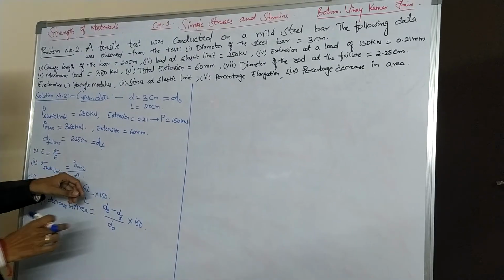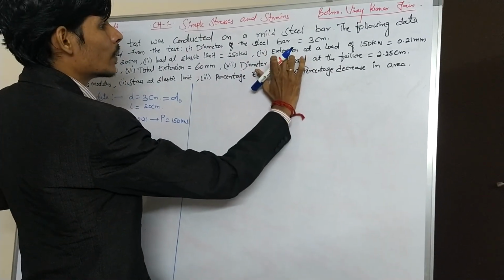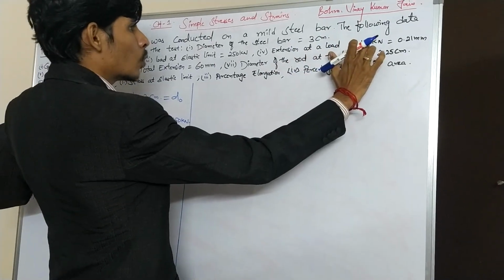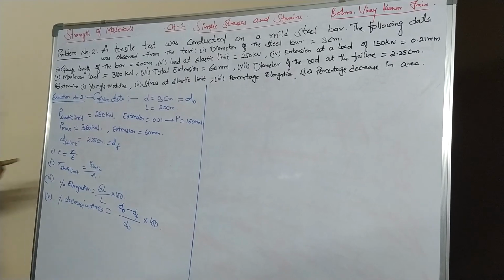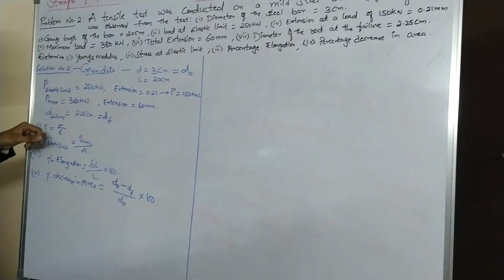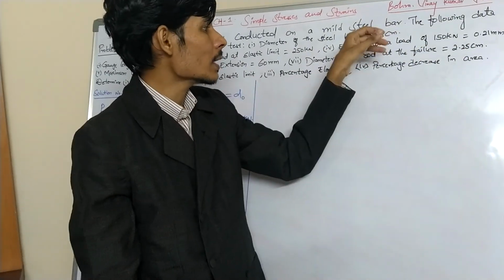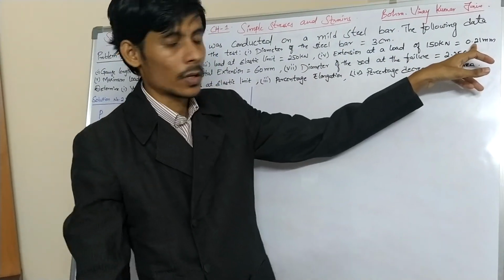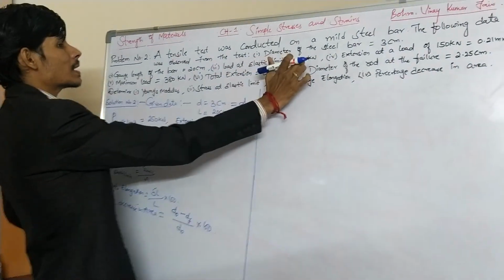So what we need to do? Another thing he has given: extension at a load of 150 kilonewton is 0.21 mm. So for calculation of Young's modulus, you need to take the load value 150 kilonewton, because extension is also given at this particular load. So we are not taking the load at elastic limit.